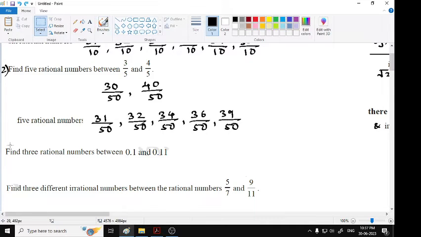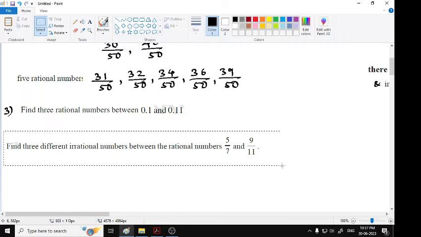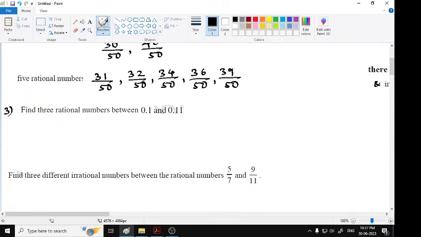Find 3 rational numbers between 0.1 and 0.11. These are rational numbers, and actually there is nothing between these two numbers if we consider 1 and 2 decimal digits after the decimal point. But we can write these numbers as 0.100 and 0.110.